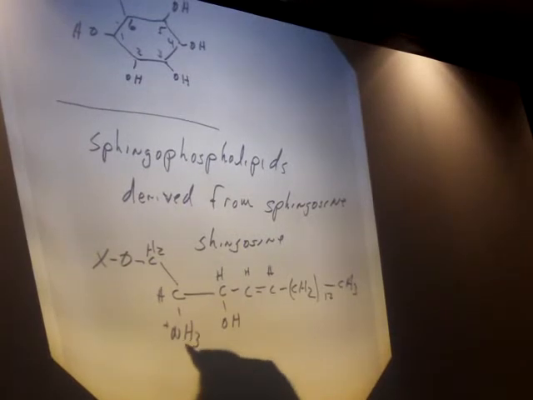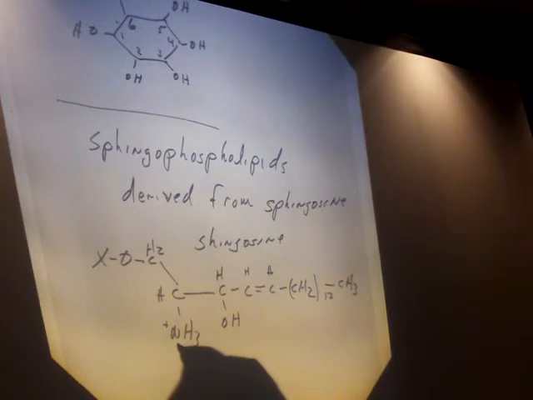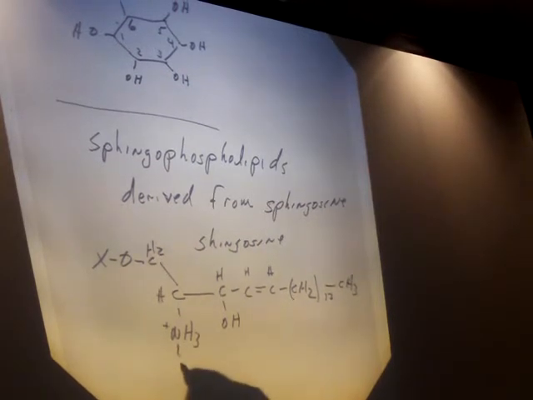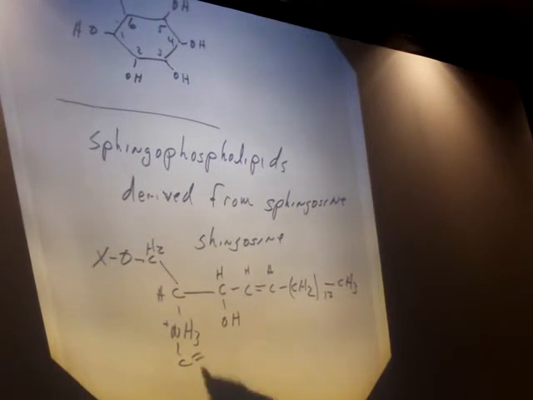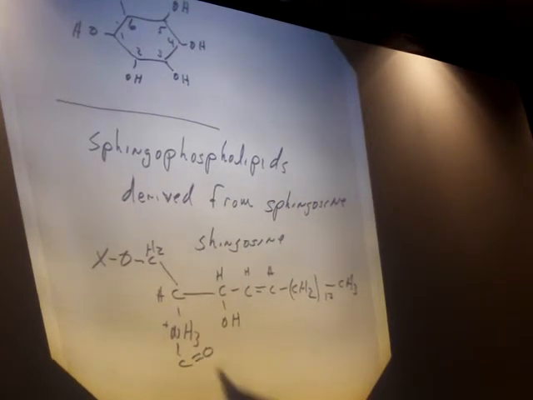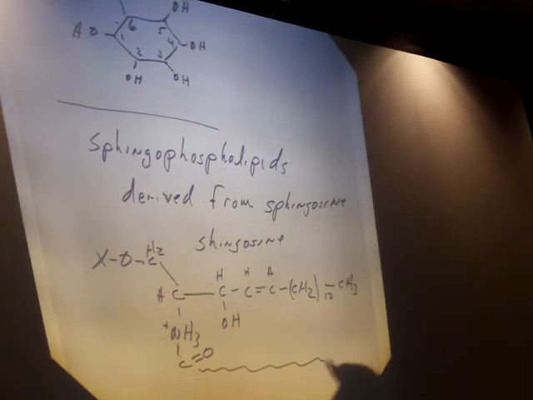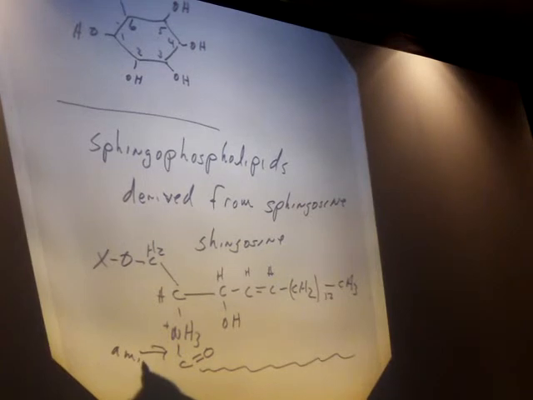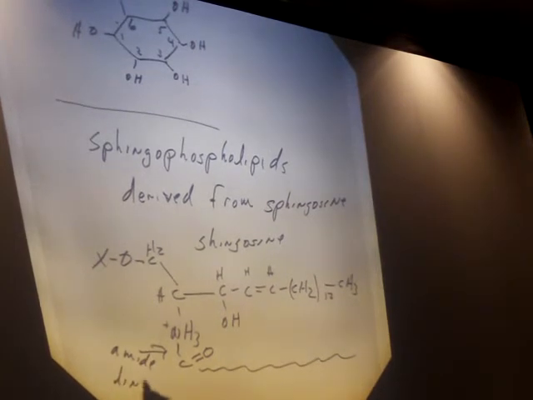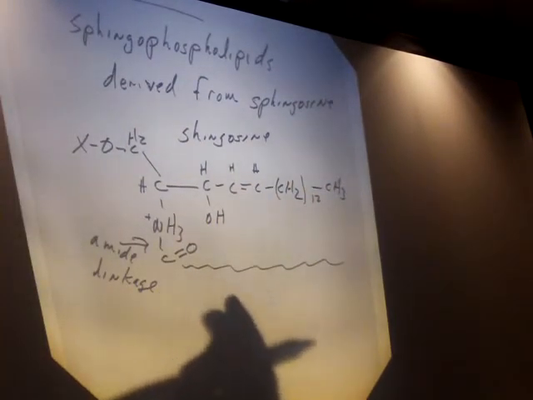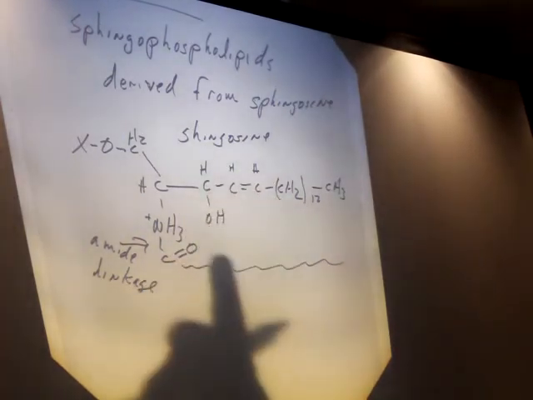And this amine group here can form an amide linkage, and with this amide linkage, you end up with, again, something that looks like, in the phospholipids, what does this look like?